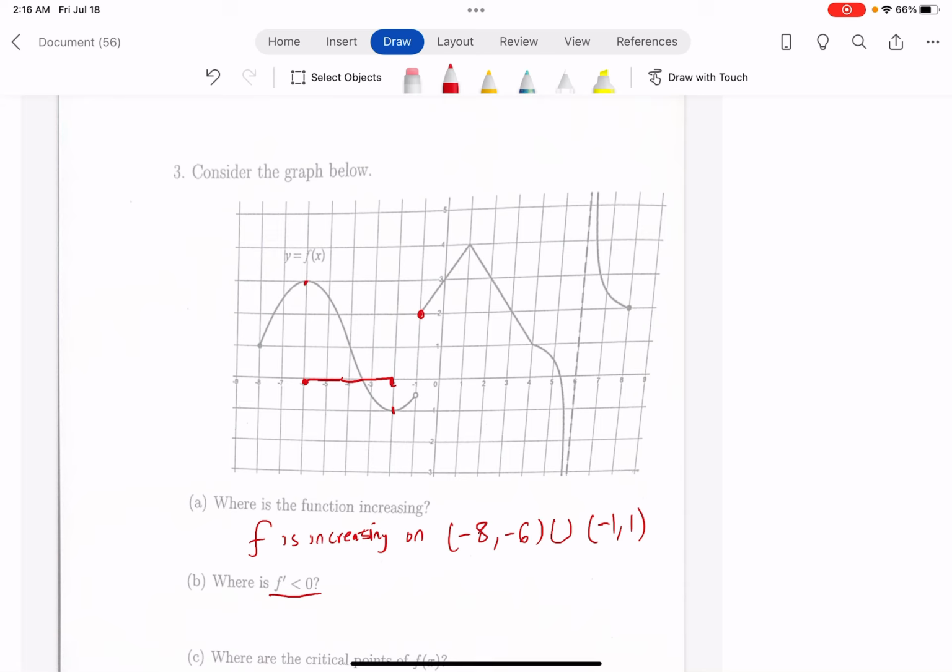So f dash, the function, is less than 0 on -6 to -2, united. Where is it also decreasing?